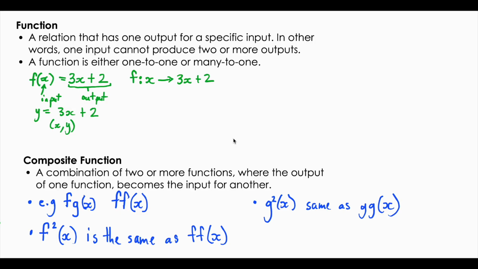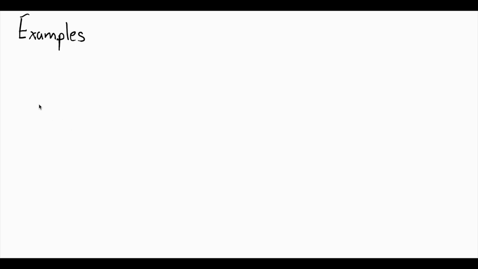So take this down and then we get straight into the examples of functions, how to work out the images of particular inputs and so forth. Let's just say that we had two functions. We have this function f of x, which is equal to 2x plus 3.